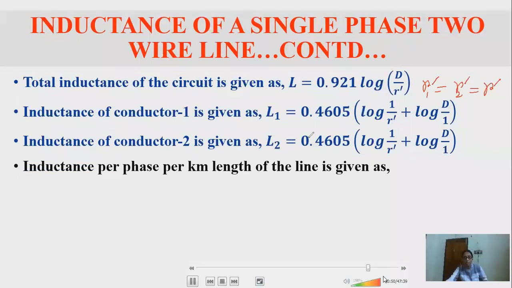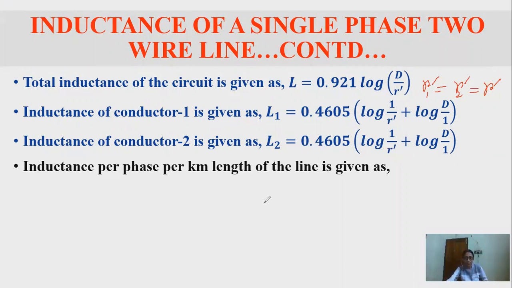Then L1 equals 0.4605 log D by R dash, which can be taken as the summation of log 1 by R dash plus log D by 1. In the same way, for conductor 2 it is written as 0.4605 times log 1 by R dash plus log D by 1.